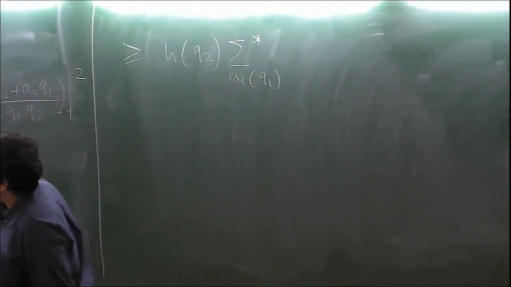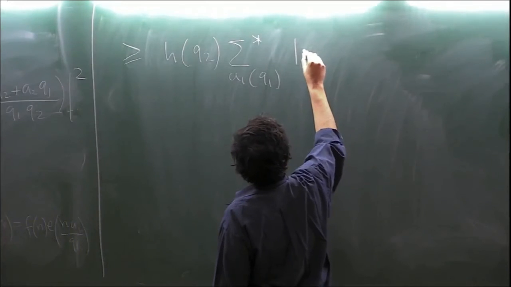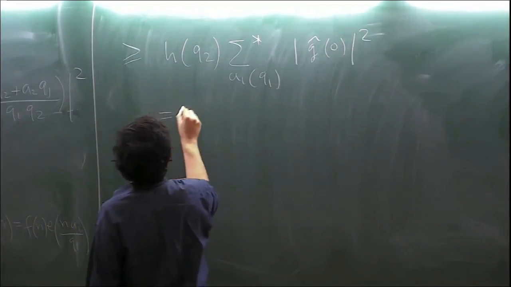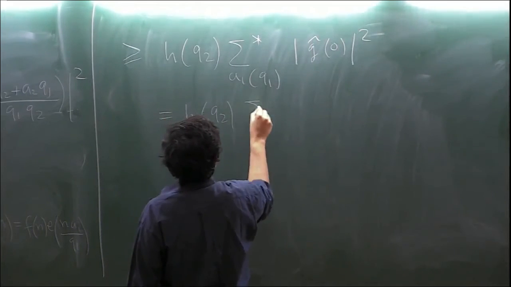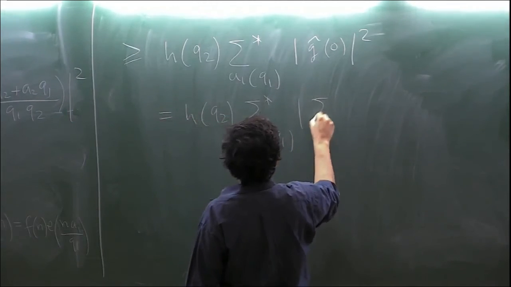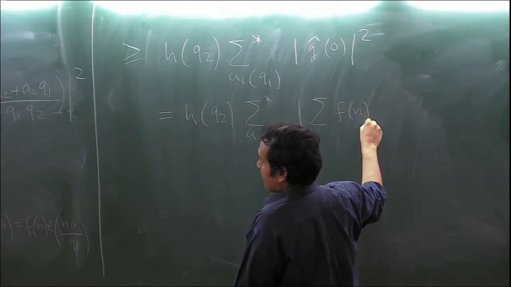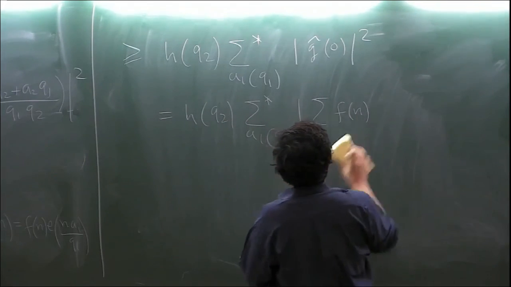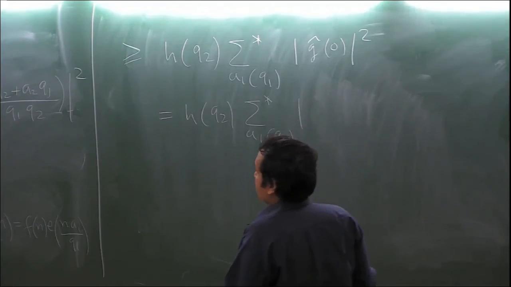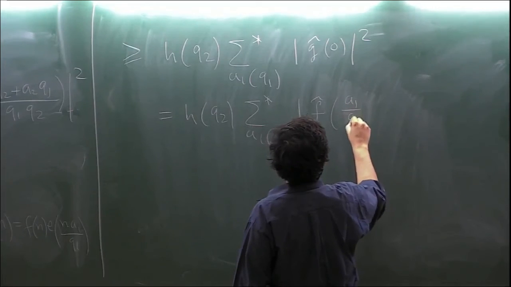And for this sum I will get HQ2 times G hat of 0. But G hat of 0 is nothing but F hat of A1 by Q1.